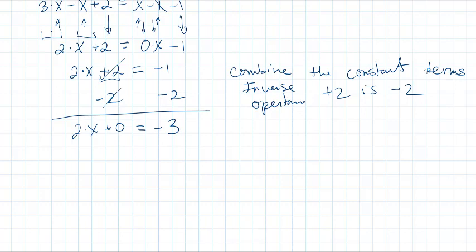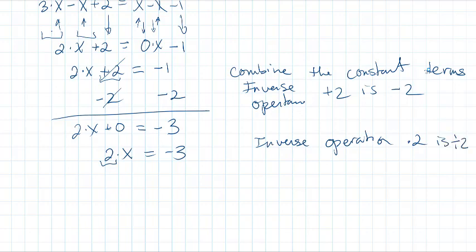Okay, so now we really do have the variables on one side and the constants on the other. However, we still have this coefficient 2. So we have 2 times x. What is the inverse operation to 2 times? It is divide by 2, right? So we will divide both sides by 2 using the division property of equality.